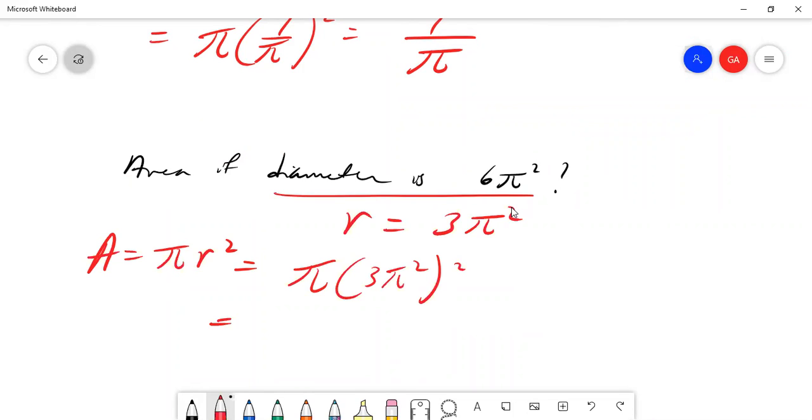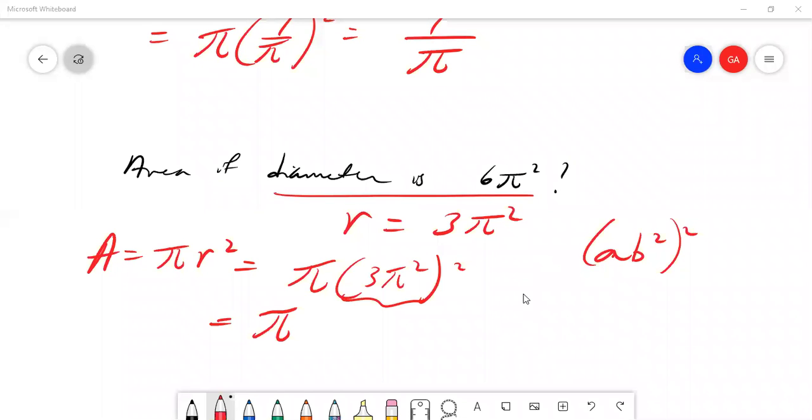Well, now you sort of need your knowledge of how exponents multiply. Can anyone tell me what this is? Does anyone remember the exponent rules? What happens if you have a b squared, squared? 9 pi to the 4th, that's right.